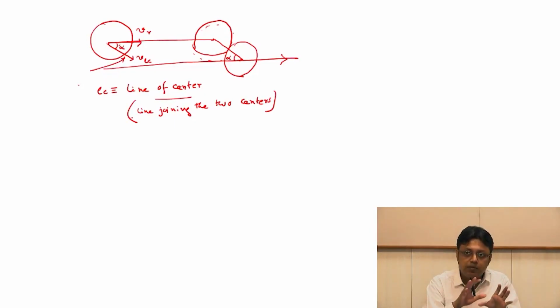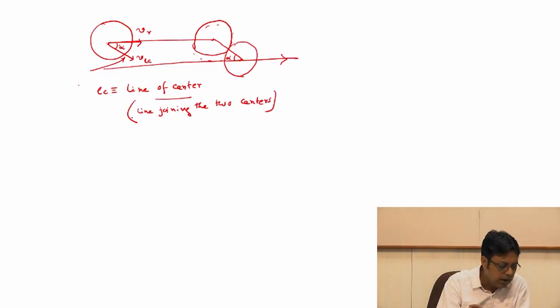We're writing in terms of velocity, but we can easily convert it to energy. The energy transferred along this line of center will be nothing but half mv square, but instead of m we write mu, because it's a reduced mass system: only one particle is moving, the other is static.